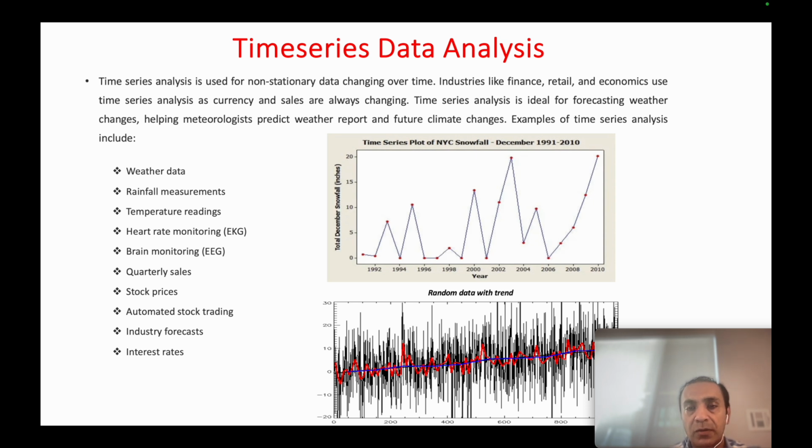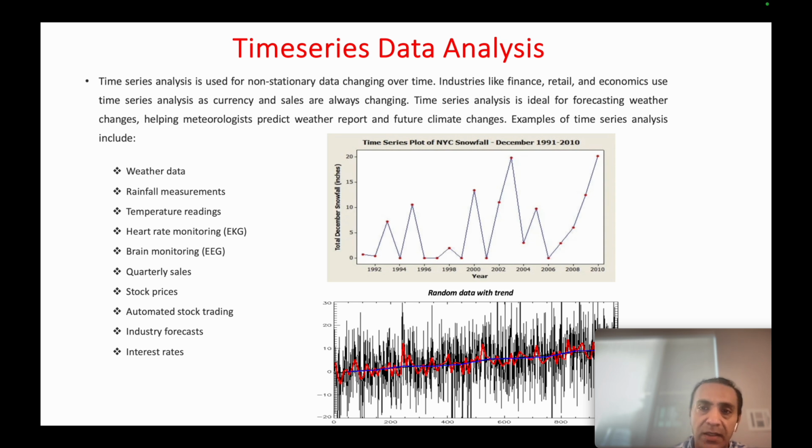Here on the top right you see snowfall in New York City, by plotting data collected from 1992 to 2010. And we can see that it has a definite seasonality, which means that snowfall peaks during some time period, especially during winter, and then it drops during summertime.